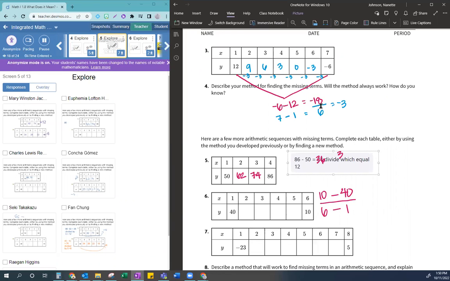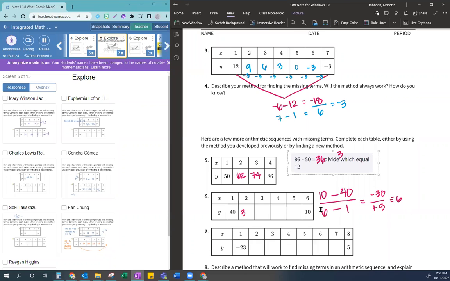Negative 30 divided by negative 5, which is just 6. So Ms. Johnson, you want me to add 6? No, because, oops, that's a positive 5. So that's negative 6. So even if I made that mistake, notice here we're going down, it's decreasing. So I'm subtracting 6 every time. So I got 34, 28, 22, 16, and 10.